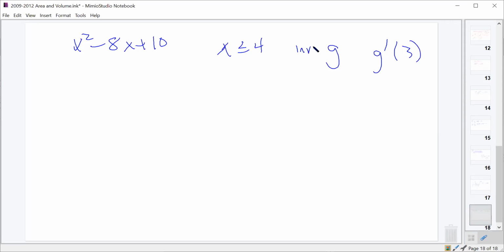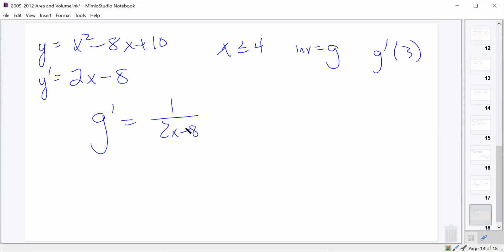The inverse rule says that the derivative of the inverse should be the reciprocal of this one's derivative. So 2x minus 8, if this is y prime. And so g prime ought to be 1 over 2x minus 8.